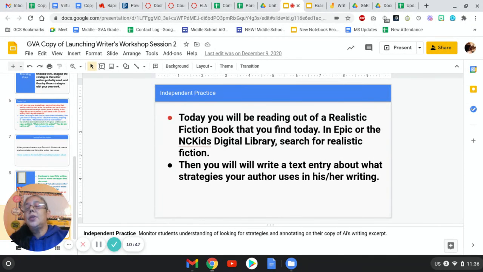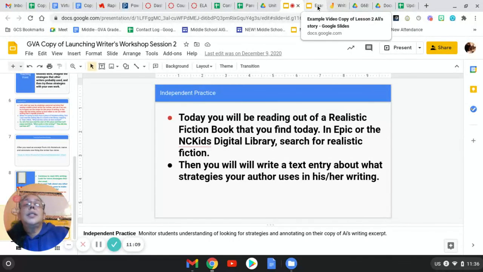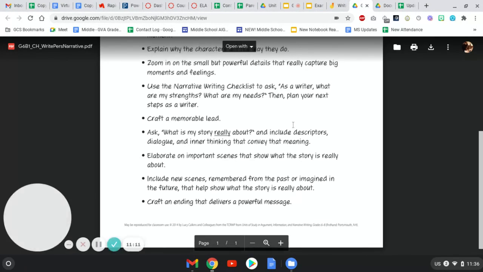There's no fantasy, there's no magic, there's no talking animals. These are things that could be true, not necessarily are true, but things that could happen in real life. All right. Then your assignment will ask you to read that book for a time period and to write a text entry showing that you understand some of the strategies that we talked about today that we have listed down here.